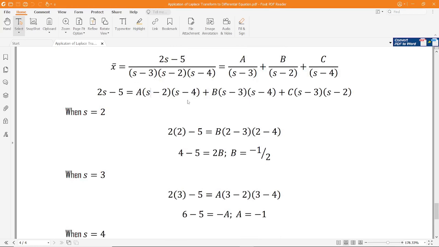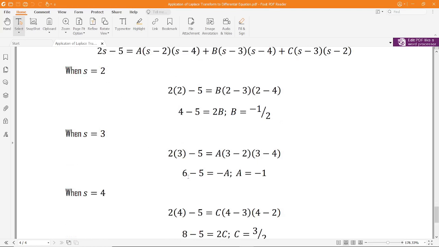So minus 1 times plus 1 will be minus 1. That will be minus A. And 2 into 3 will be 6 minus 5, so that will be positive 1. So 6 minus 5 is 1 equals minus A. So A equals minus 1.